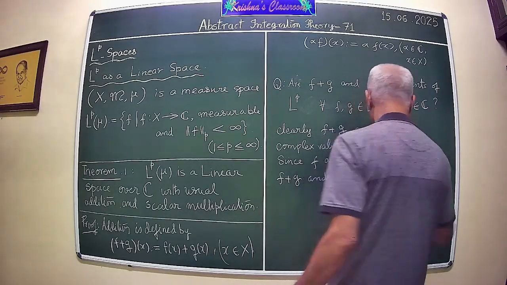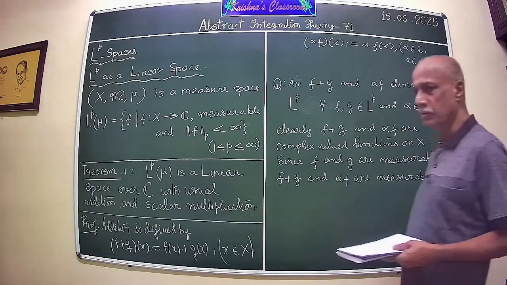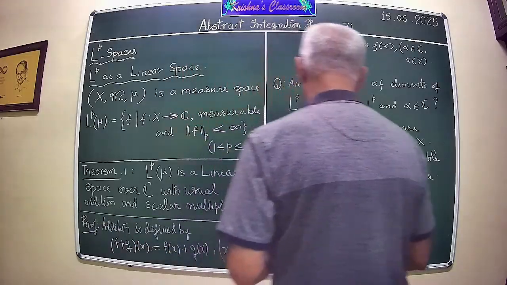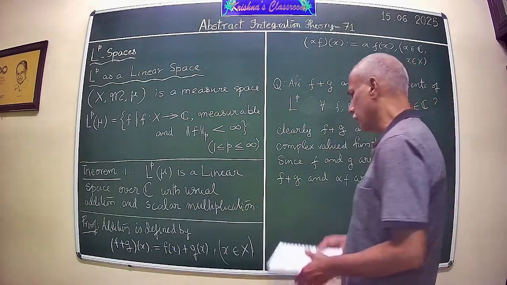This is one of the results that we have proved in the context of looking at measurable functions: sums of measurable functions and scalar multiples of measurable functions are measurable.